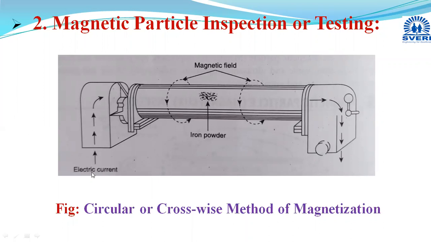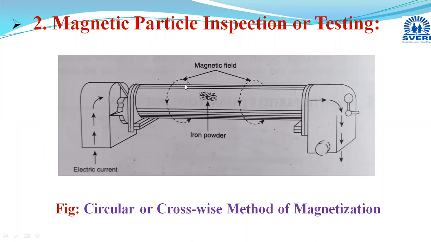The crack which is in the same direction as the electric current is detected, and the crack which is perpendicular to the direction of the magnetic field is detected. To detect lengthwise cracks, the electric current is passed lengthwise, and due to this, a circular or crosswise magnetic field is created.